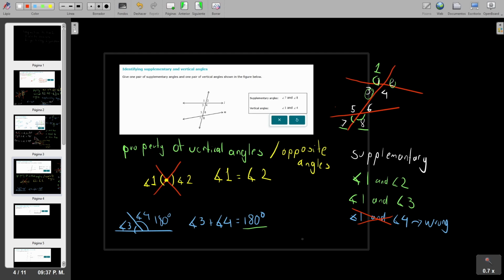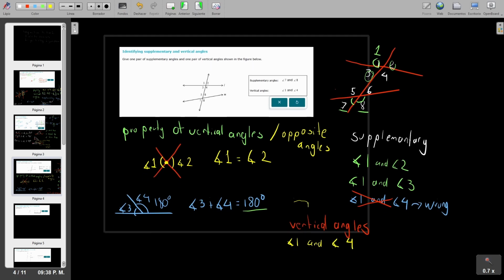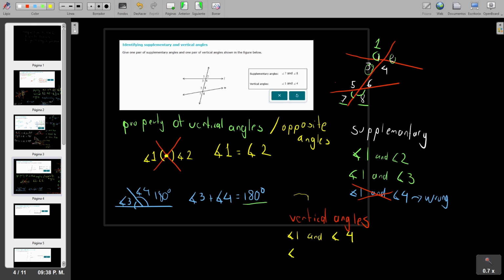So I'm going to write vertical angles. We can put angle number 1 and angle number 4. As well, I can put angle number 2 and angle number 3.